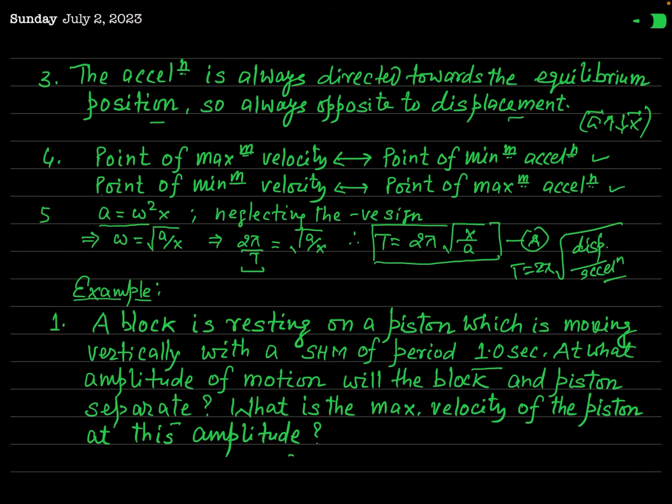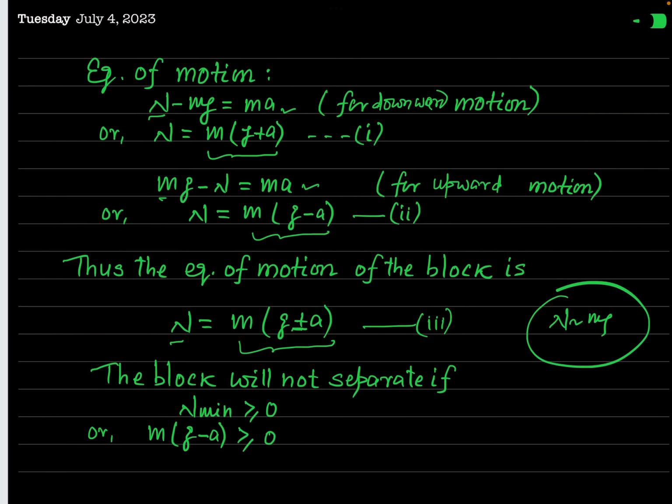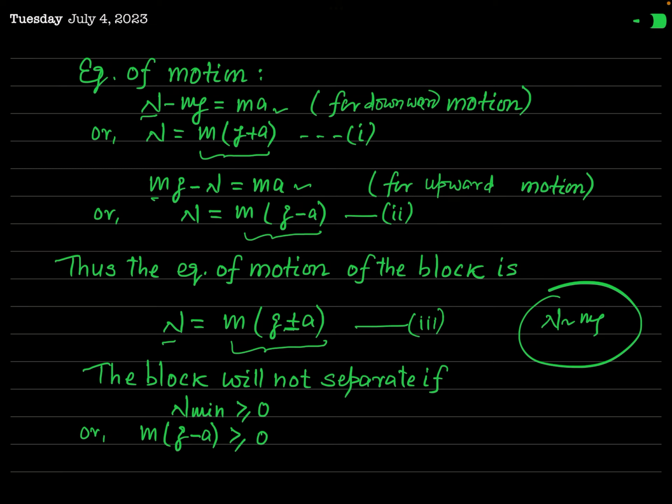But let us think about what should be the condition that during this motion the block and piston will not be separated. As I have told you, the condition for no separation between the surfaces in contact is what? This is normal force acting between the two surfaces must be greater than or equal to 0. Okay. So the condition for no separation can be written as N minimum is greater or equal to 0.